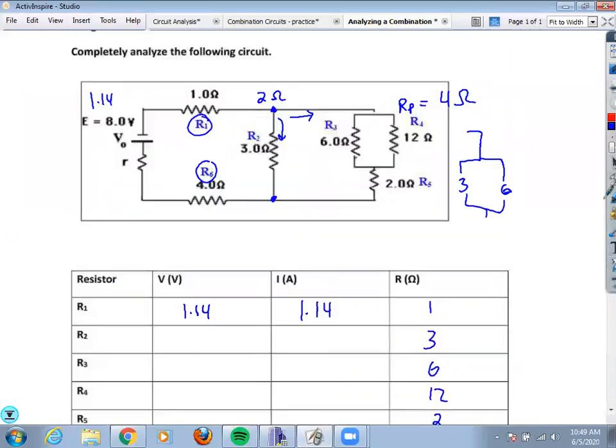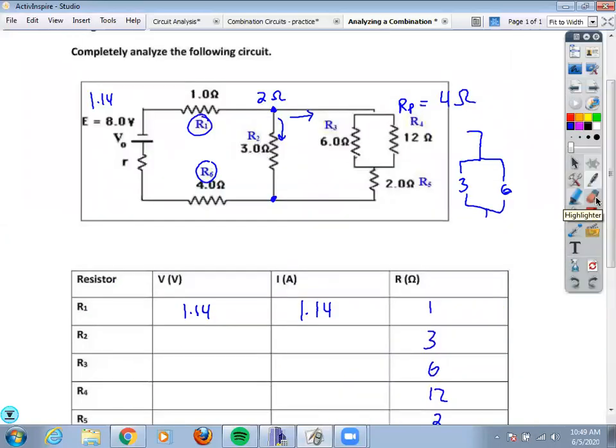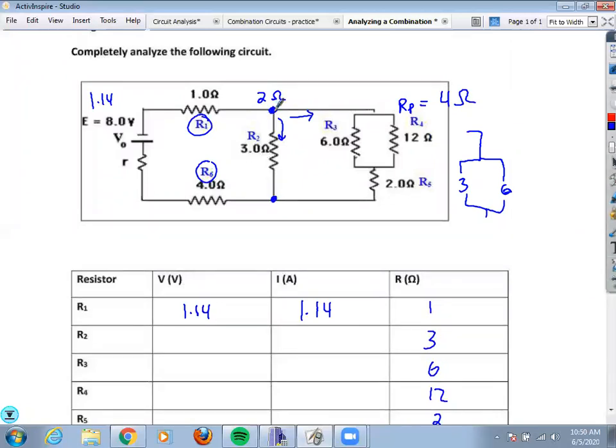Where we go from here is we need to find the voltage for this entire parallel. We know that it's in series with the 1 and the 4, so using the loop rule, we can then figure out the voltage. So we'll call this voltage V parallel.